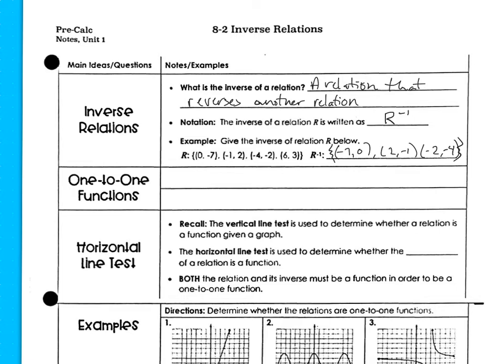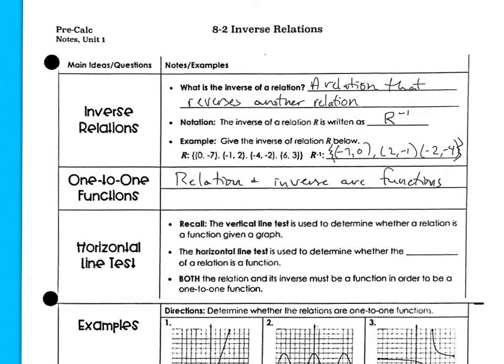Now, a one-to-one function is a little bit pickier. Basically, you have to make sure that the relation, so whatever we're dealing with, we don't want to call it a function because it might not be a function, and the inverse are actually functions. And the easiest way to do this is with a graph.